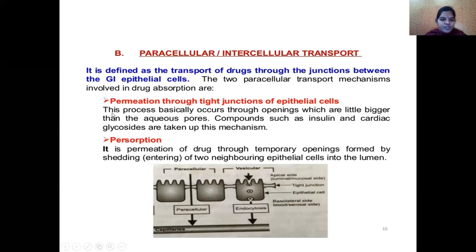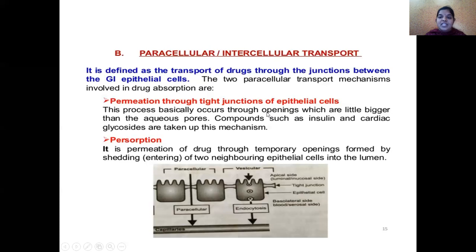In permeation, the process occurs through openings which are a little bigger than the aqueous pores. In pore transport, the pores are small in size when compared with these tight junction openings. These tight junction openings are larger than the pores present in pore transport.